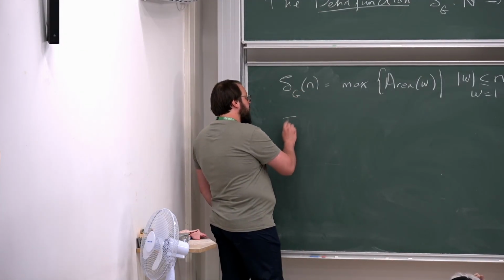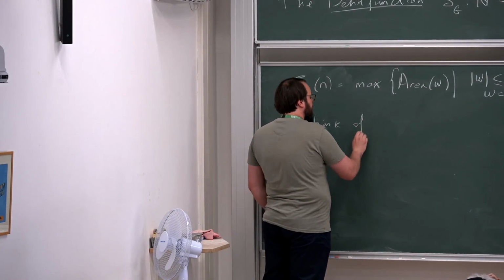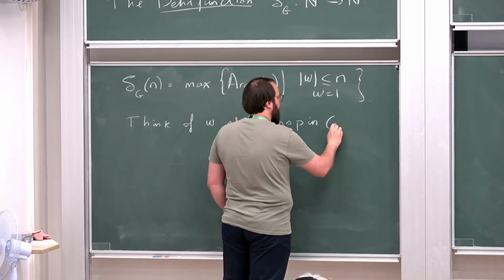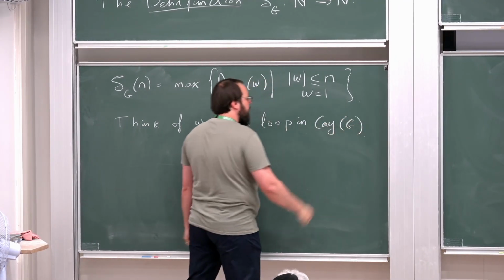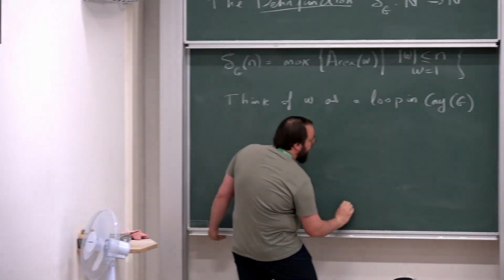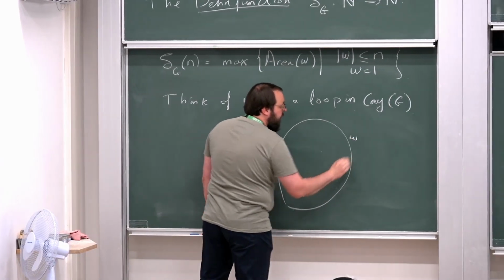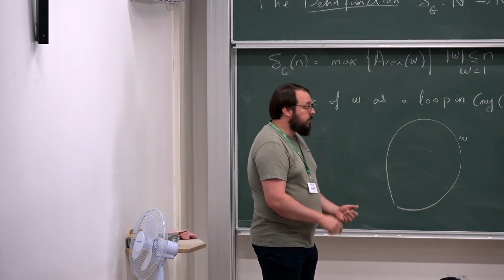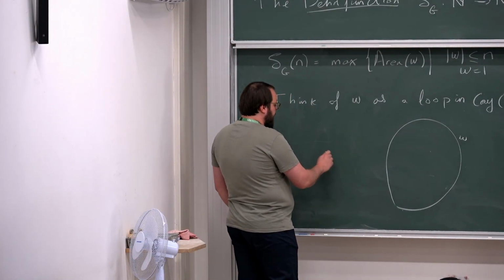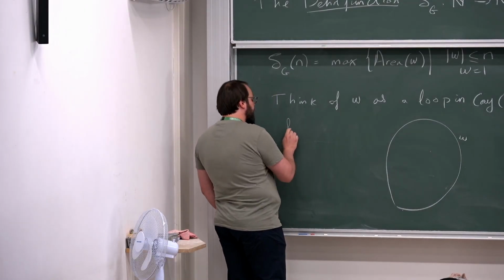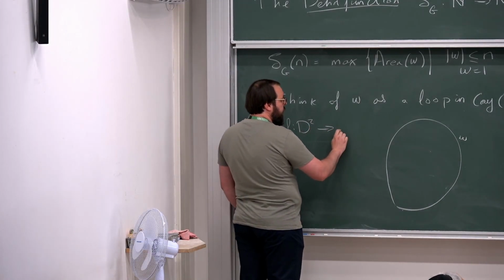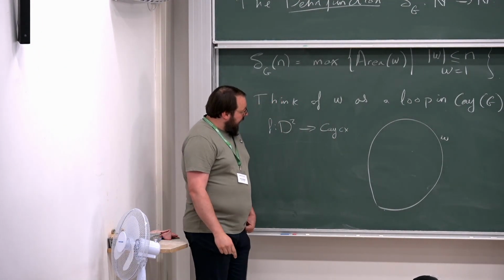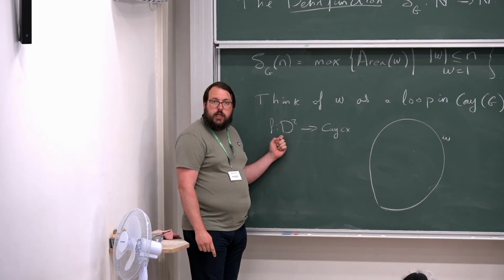So think of W as a loop in the Cayley graph of G, and so if I have a loop in the Cayley graph, right, that's what it means for W to be the identity, then if I attach two cells to every relation, I get a simply connected space, and so I can see that as some sort of cellular map from D^2 to what is now going to be the Cayley complex, and you're counting the number of cells in this. Okay, so that's extremely hand-wavy.